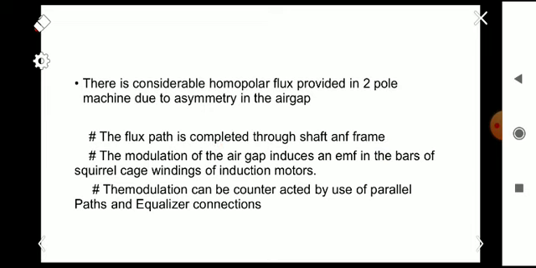There is modulation of the air gap length, which induces an EMF in the bars of the squirrel cage winding of the induction motor. This effect may be counteracted by the use of parallel paths and equalizer connections in the stator windings.